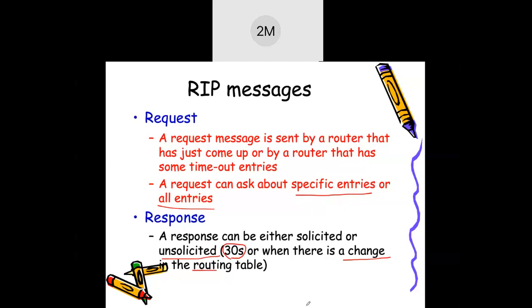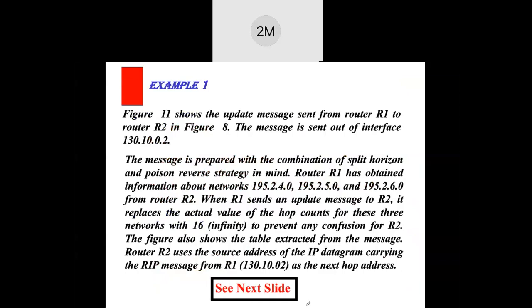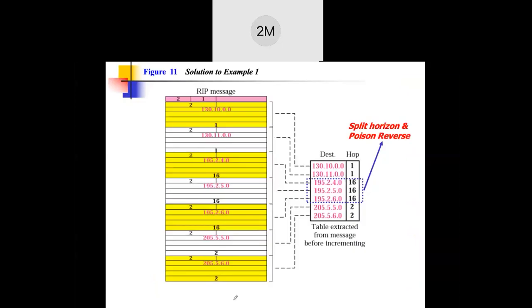But if the network is not that dynamic, and changes are not occurring frequently, in that case the table exchange requires more time. So this is called adaptive. Whenever there is a change, only at that point exchange the tables. Examples we will discuss later at the time of the tutorial. Very simple examples are there.